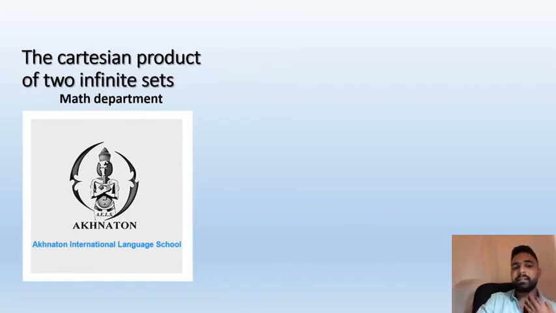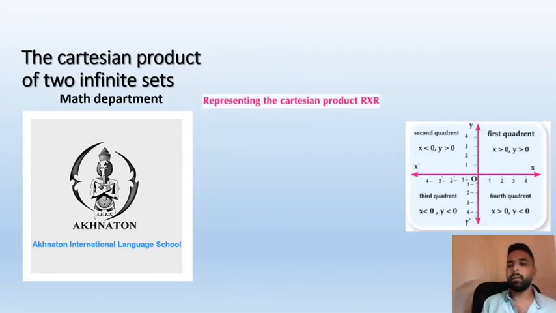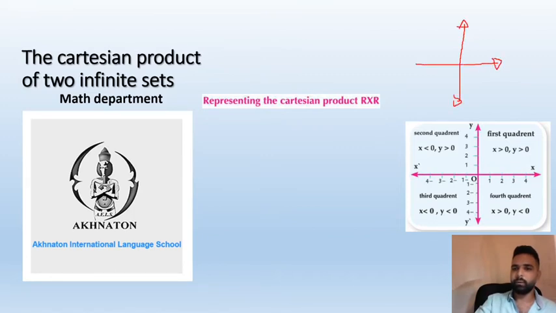Now we'll study the Cartesian product of two infinite sets. Firstly, we have to know that the graph, represented by x and y, is divided into 4 quadrants.